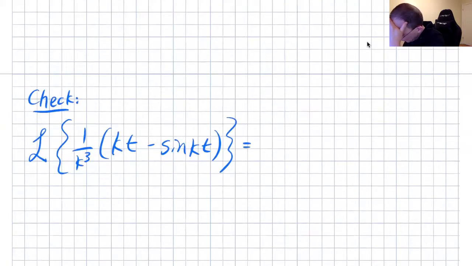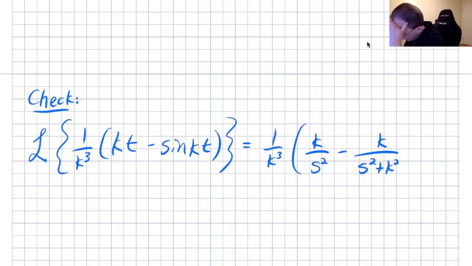So this will be equal to 1 over k cubed times the Laplace transform of k times t, which is k over s squared, and then minus k over s squared plus k squared.